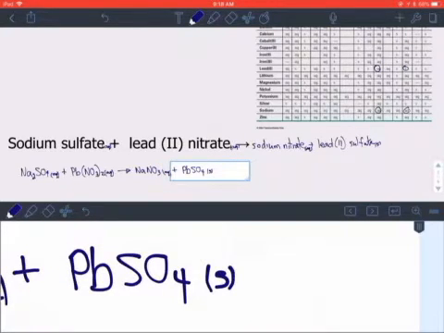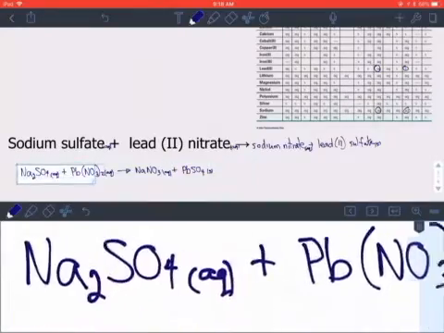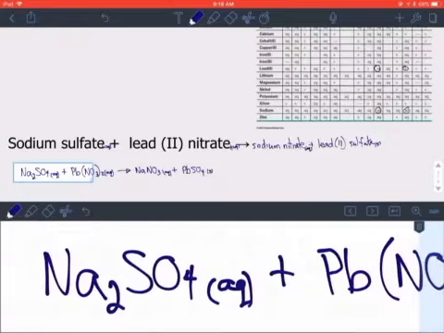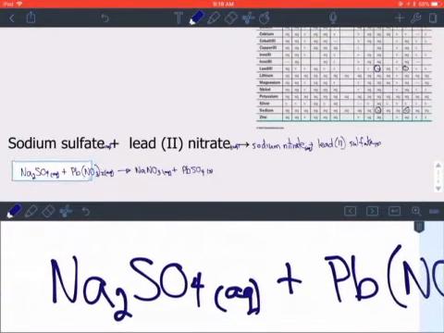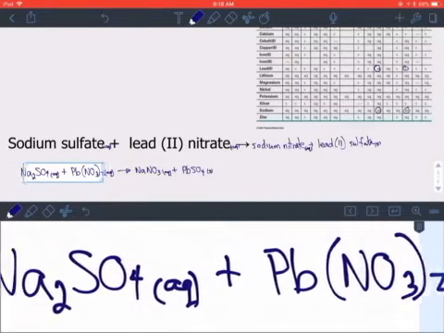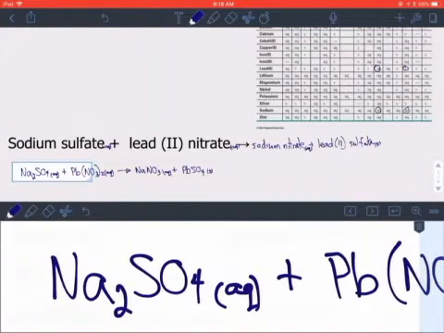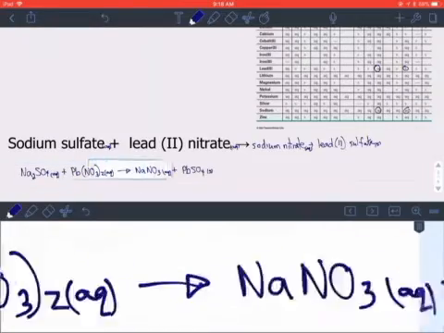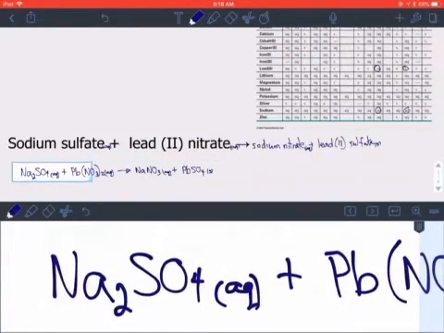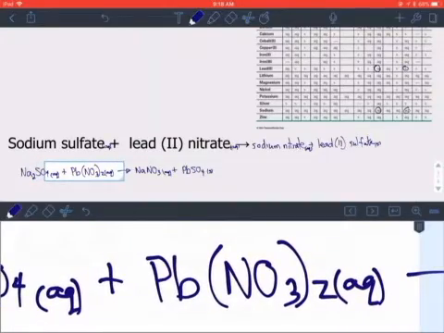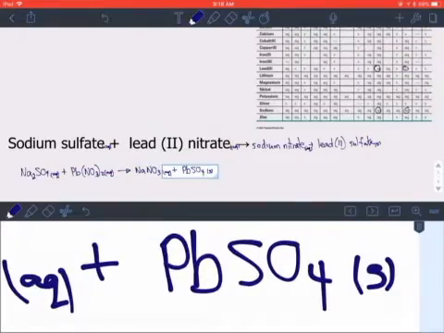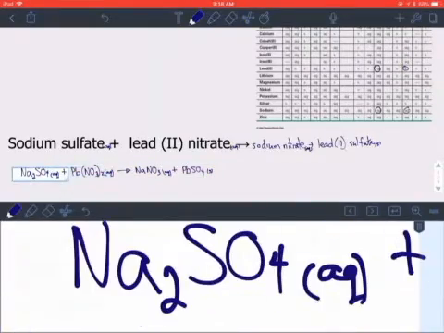Now, we didn't do this in the first example, but the last thing we have to do is balance this. All right? Notice, if we keep our polyatomic ions together, there's a sulfate and there's a sulfate. It's balanced. There's the lead right there, 1, and there's the lead. It's balanced.